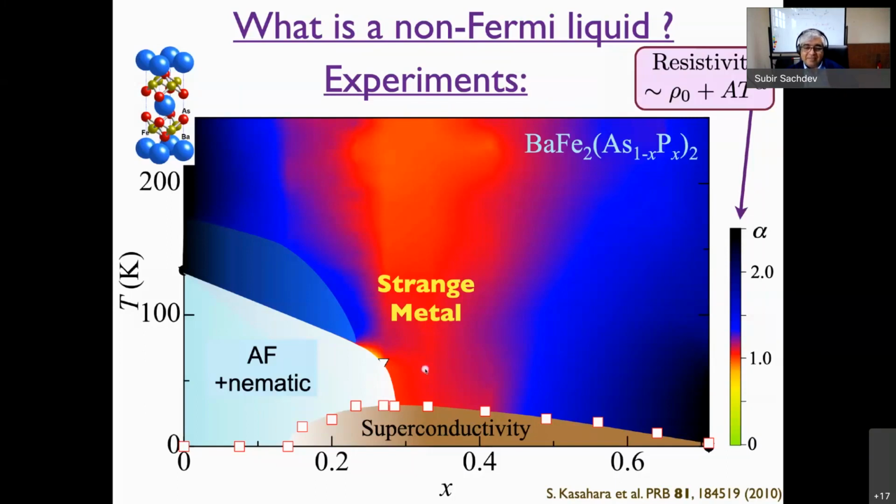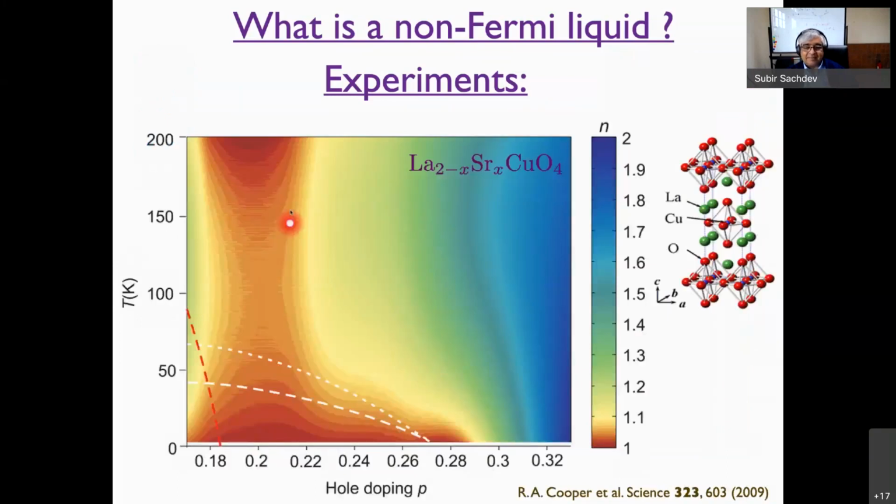It's not only seen in the arsenides as in this plot, or in the cuprates. Sometimes it doesn't seem to be this kind of fan-shaped region, but what's called a foot, where there seems to be a phase at very low temperatures with non-Fermi liquid-like behavior without the T-squared exponent. This is lanthanum strontium copper oxide, one of the high-temperature superconductors.